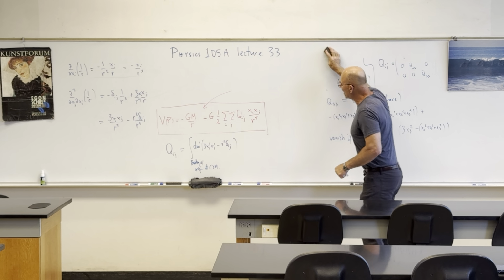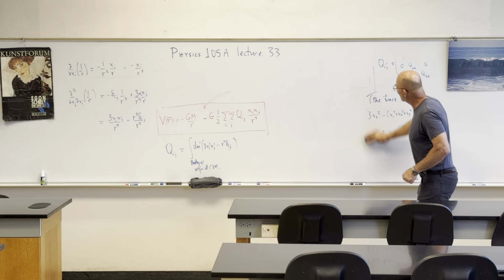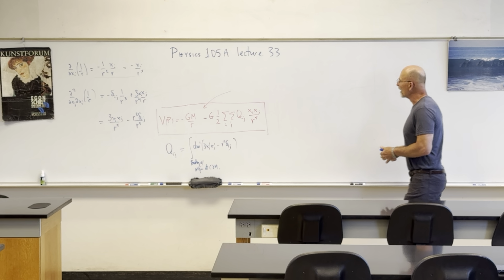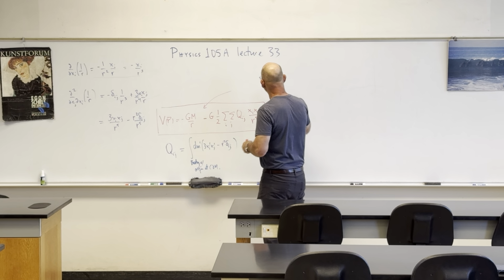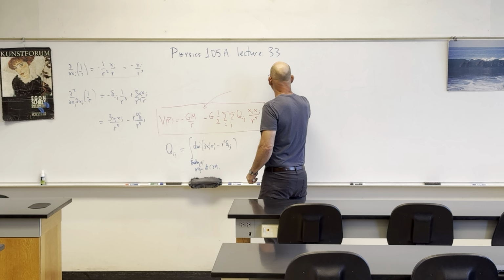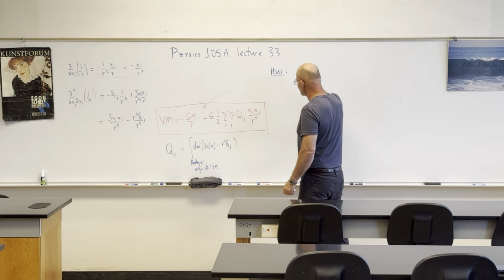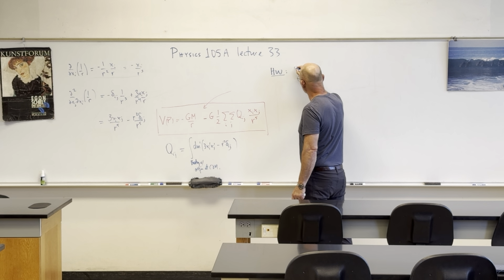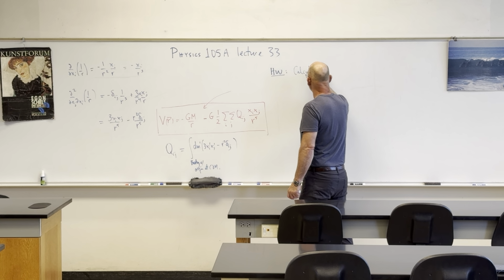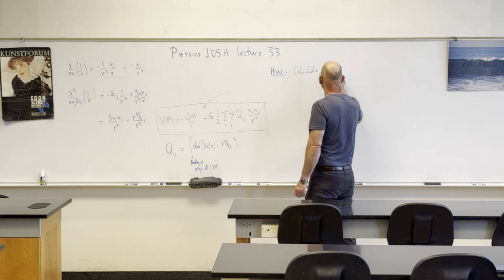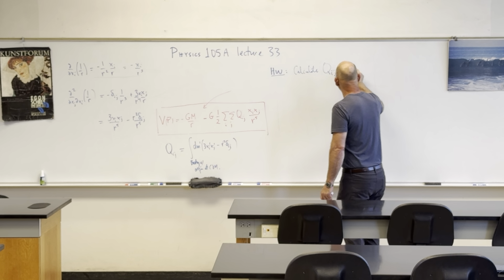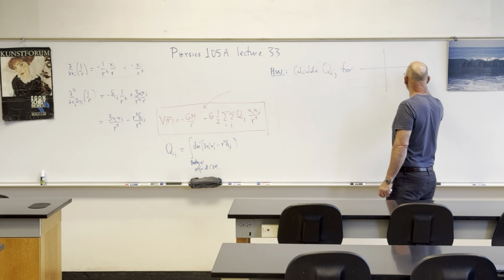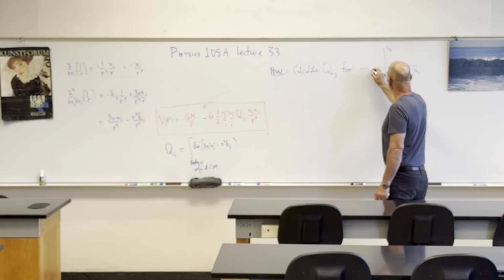I'll put a couple of these up as homework. We'll probably end up working it together, but I'll just write them up here as problems. So the first one, this is the most important one actually. Calculate the quadrupole tensor for this good old mass distribution, x1, x2, right?